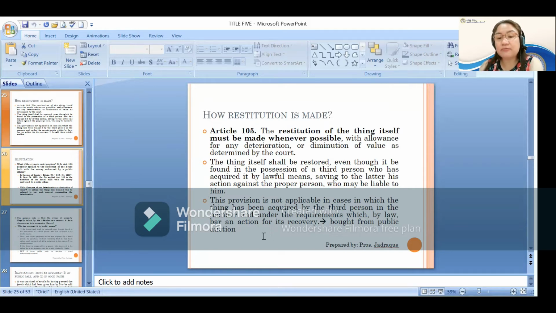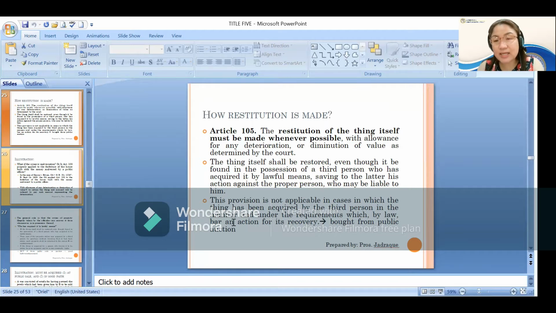The last paragraph would actually tell us that the innocent buyer, the third person who came into lawful possession of the thing, while in the first paragraph we said earlier that he must give back the property without being reimbursed by the offended party, but his remedy is to go after that person from whom he lawfully acquired the same.